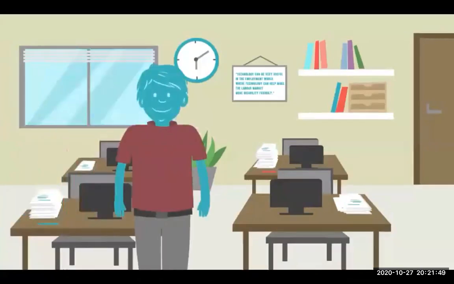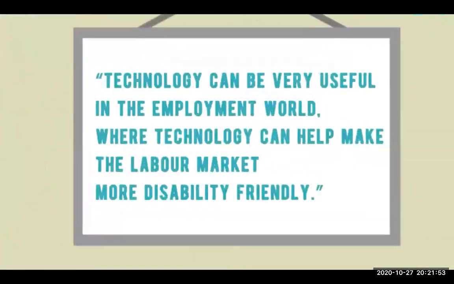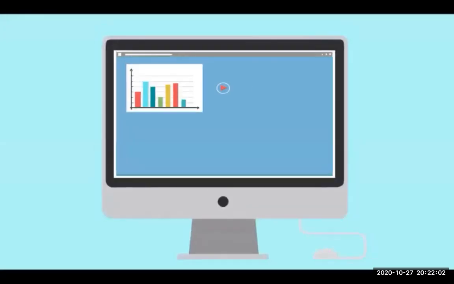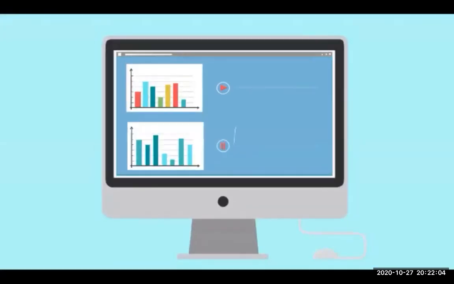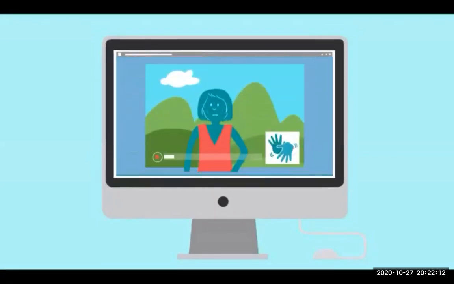Experts agree that ATs can be of high importance at the workplace regardless of the disability. Technology can be very useful in the employment world, where technology can help make the labor market more disability-friendly. Specific needs for ATs at the workplace can be, for instance, for the visually impaired, full access to all IT applications, including pictures. For the hearing impaired, web-based sign language interpretation.